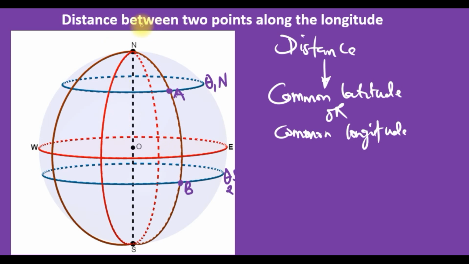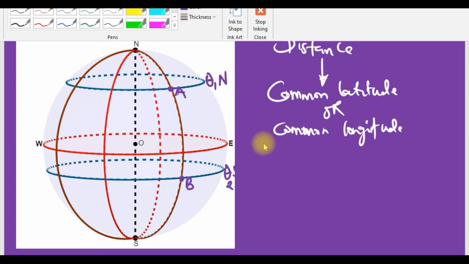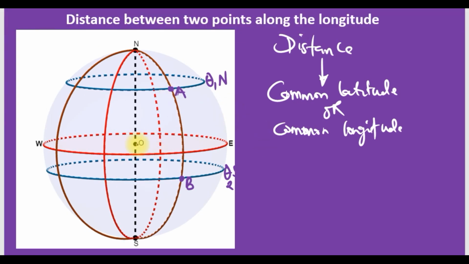And again, remember this is a sphere, like a circle. As you can see, the distance between A and B is the arc of a circle. So we can get the radius of the circle, because this is like the center. So we need the radius.